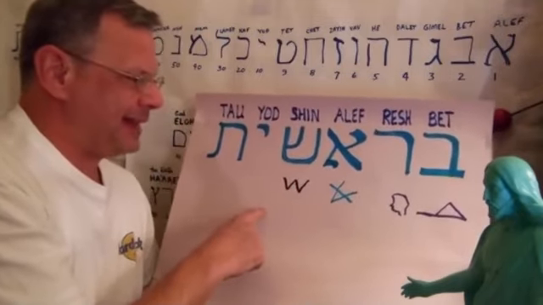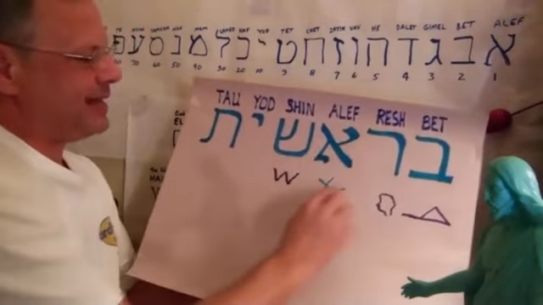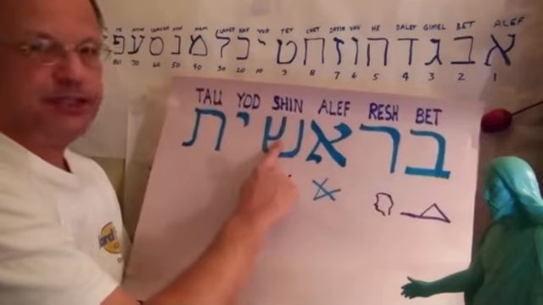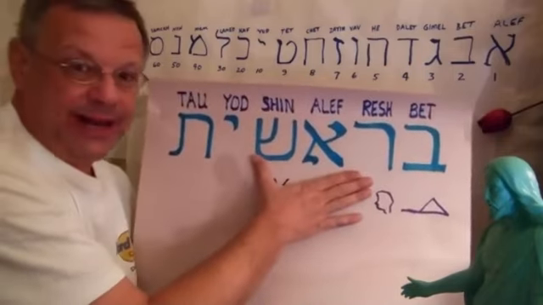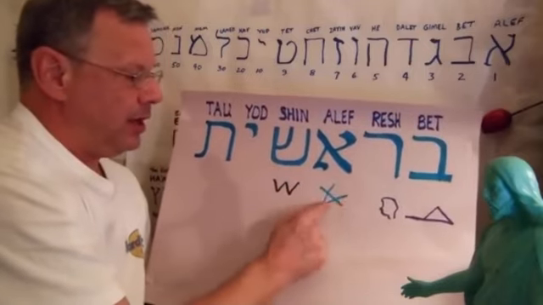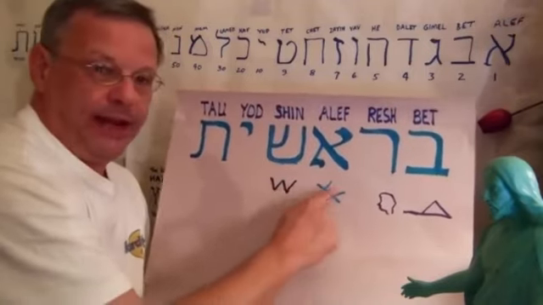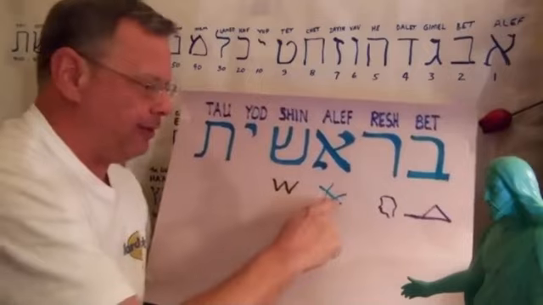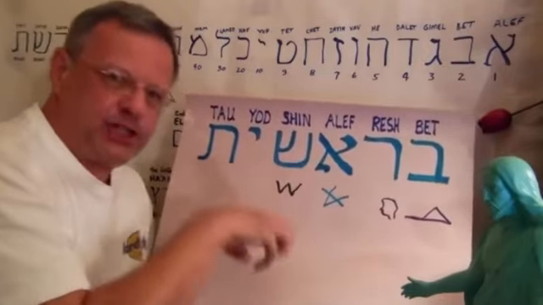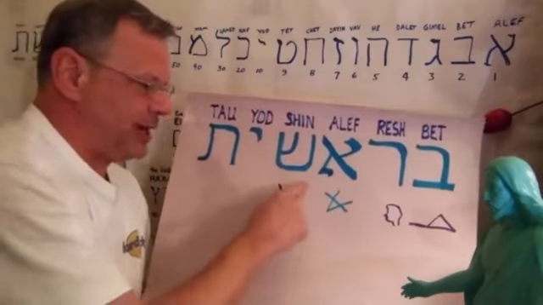In fact, look at this. If you just take these two letters right here, Aleph, Sheen, that is a word in Hebrew on its own. That word is Aleph, strength, strong, powerful, Sheen, destruction, teeth, ultimate destruction.